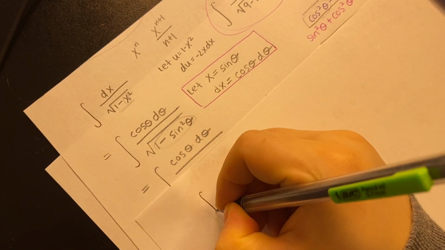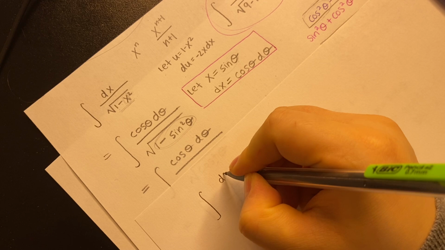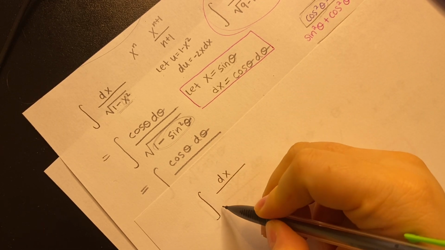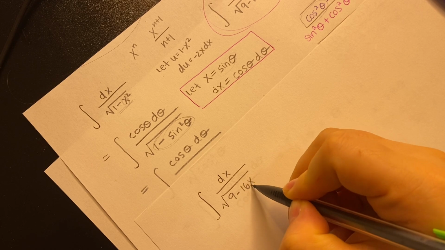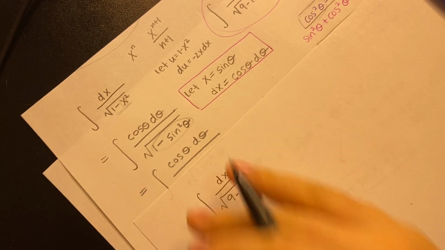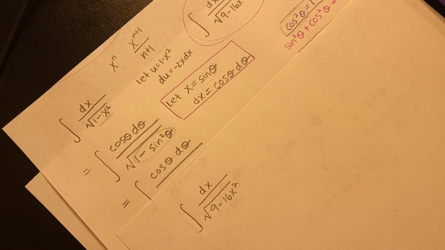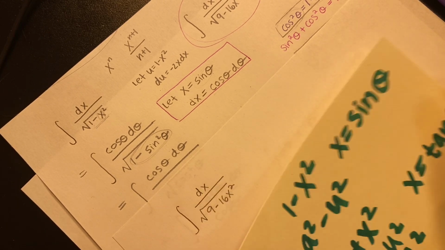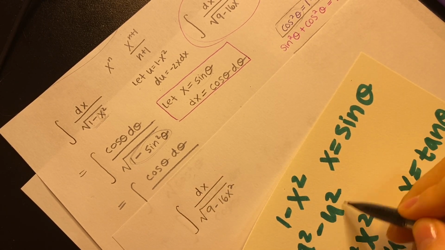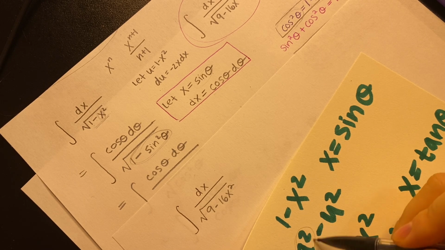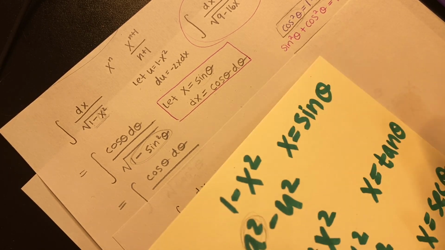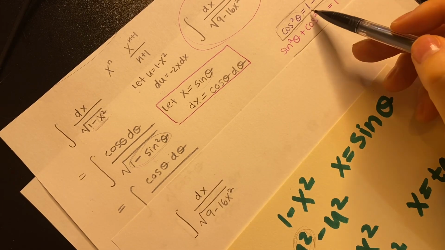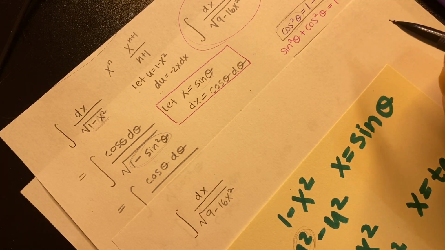So if we have the integral of 1 over the square root of 9 minus 16x squared, this is the situation where we have this kind of a squared minus u squared stuff. It's a number constant minus stuff squared. Okay, so the same form, but now we don't have a 1.